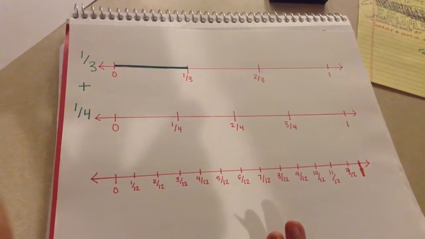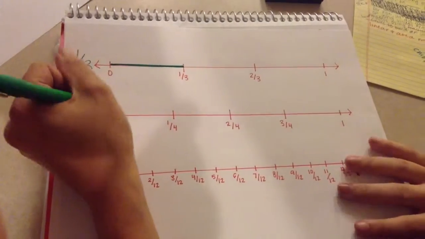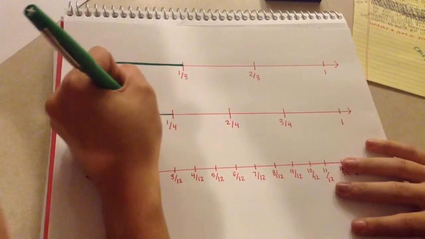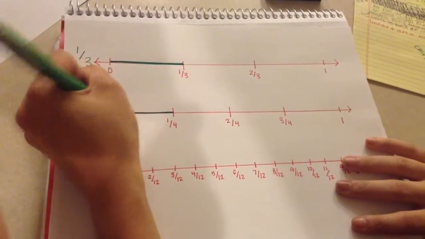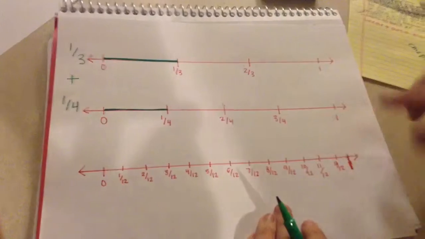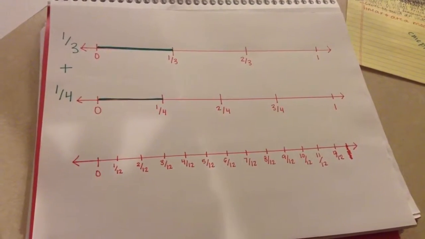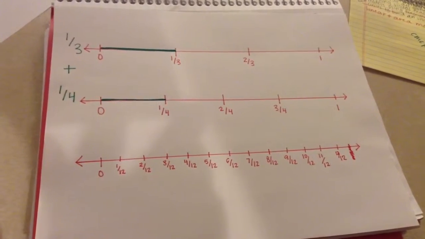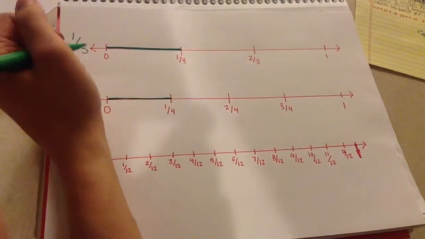So 1/3 of the whole. And then 1/4 is from 0 to 1/4. And I don't know if y'all noticed, but these other notches say 2/4 and 3/4 and then 4/4 is a whole.